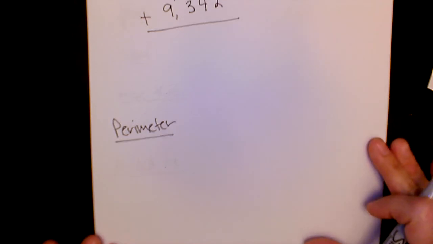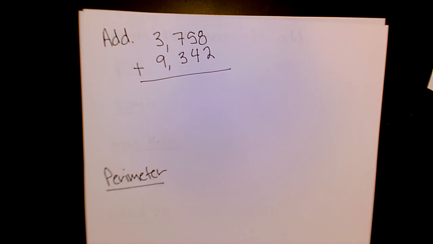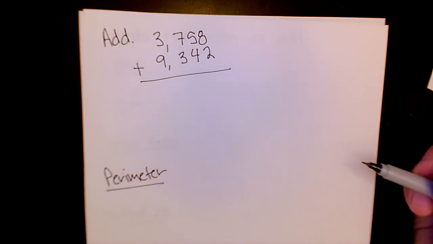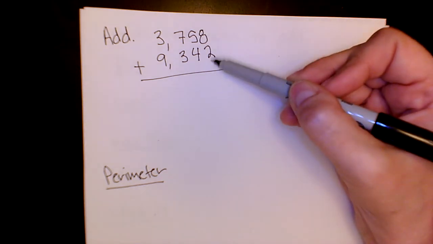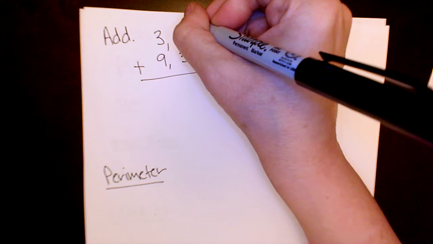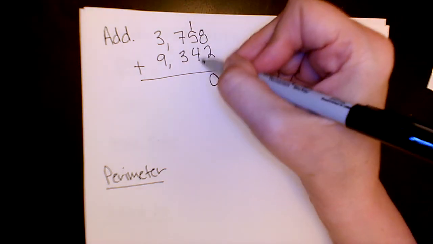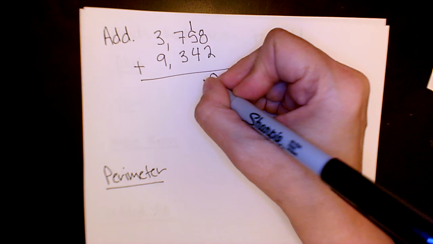Okay. Let's try another one. We've got 4 digits and 4 digits. So again, we're starting from the right. We're adding down 8 and 2 is 10. Carry the 1. Adding down 1 and 5 is 6, 6 and 4 is 10.